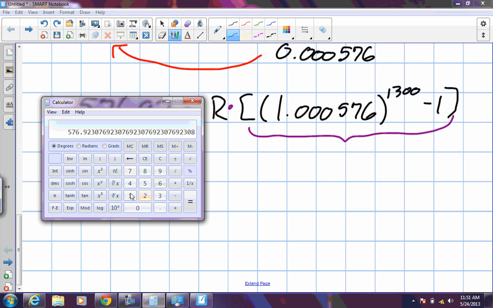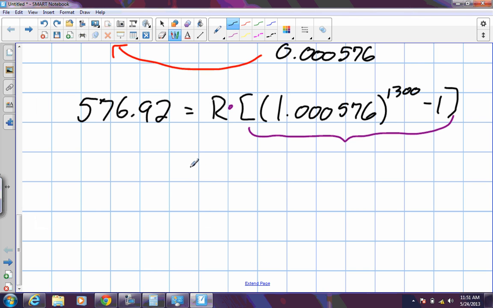We can just put it into the calculator. 1.000576 to the power of 1300. Subtract 1. That is 1.114, let's say. So R times 1.114.